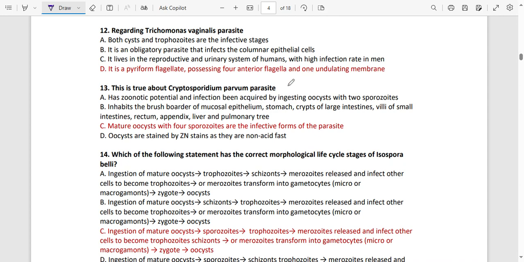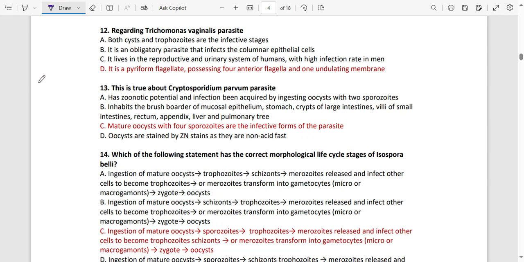13. This is true about Cryptosporidium parvum. Cryptosporidium parvum has zoonotic potential and infection is acquired by ingesting oocysts with two sporozoites.